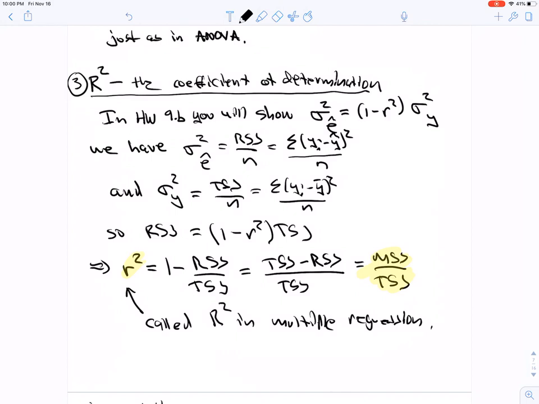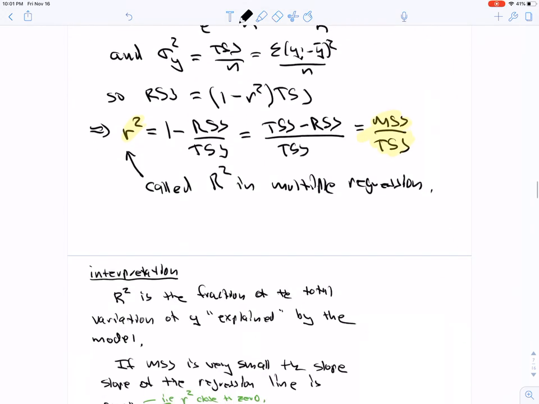And so clearly RSS is less than TSS, but of course we knew that from our decomposition of TSS as RSS plus MSS. But anyway, R squared is 1 minus RSS over TSS, which we can also write as just MSS over TSS. So R squared becomes capital R squared in multiple regression, and it's called the coefficient of determination.